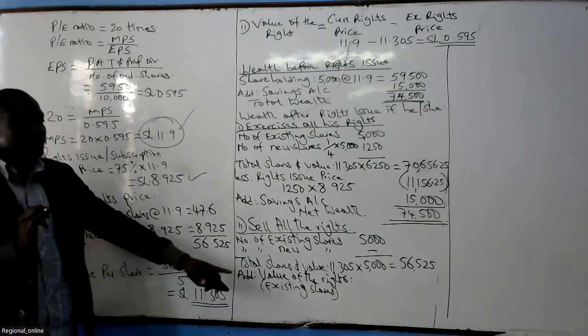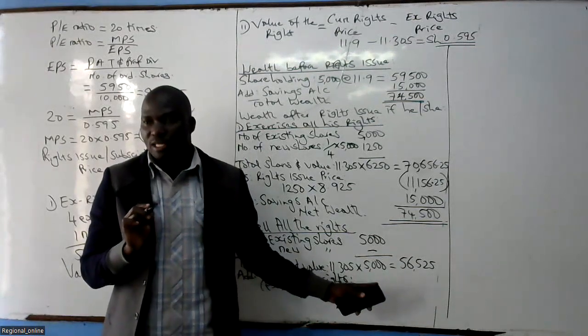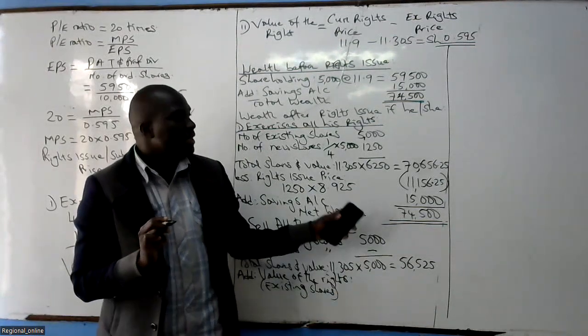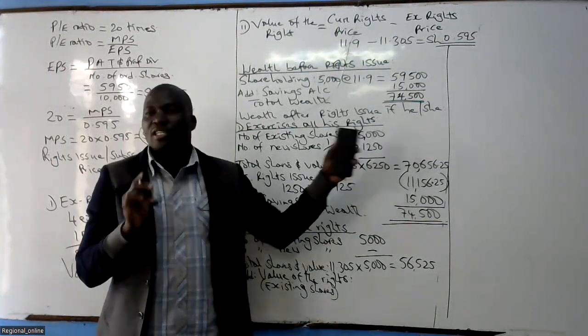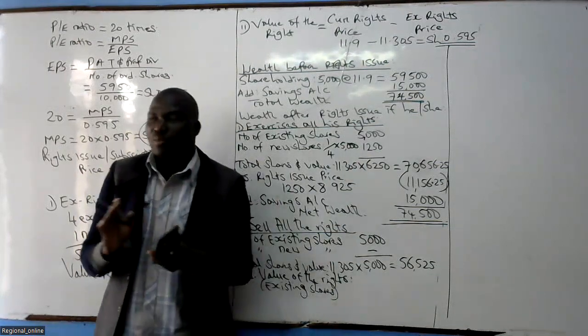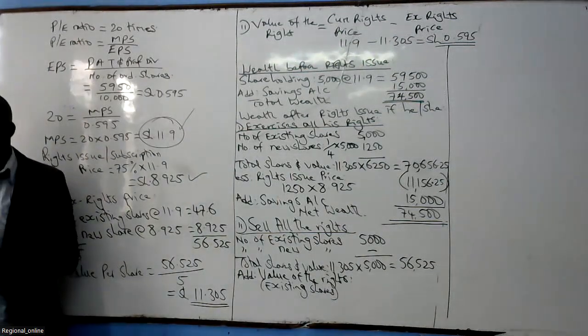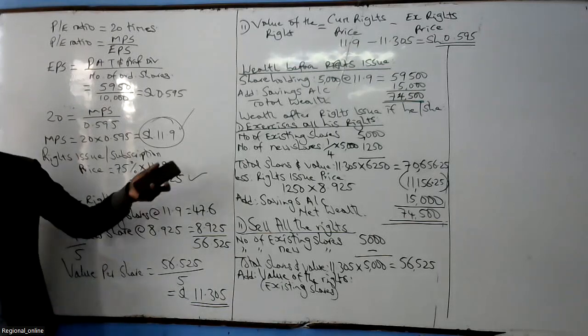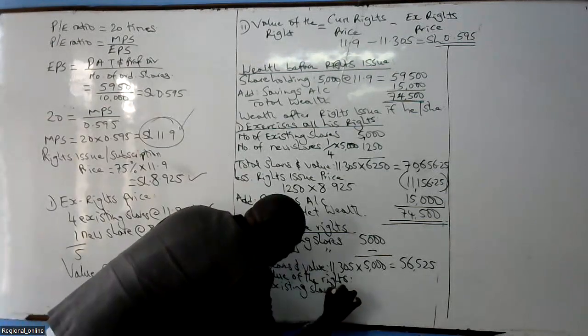Because of the 5,000 shares that he has, he had the power, he had the rights to be given some additional shares. So that power that he had is the one that is being transferred to somebody else. So that person who will buy the rights will be the one who will come to this company and buy the 1250 shares. So this person is transferring 5,000 rights.